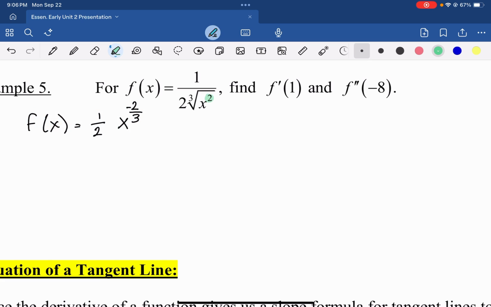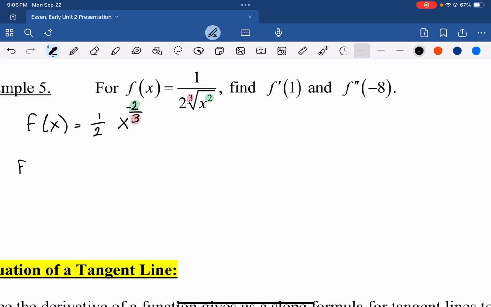The power becomes the numerator, and the index, or what root I'm taking, becomes my denominator. So we're going to look at this as 1/2 x to the negative 2/3. So now I can take my first and second derivatives.